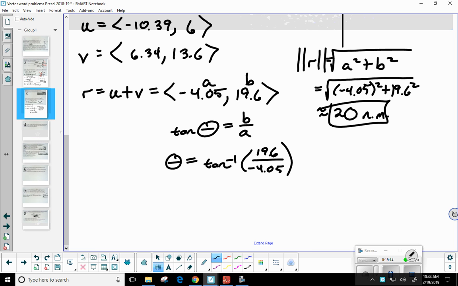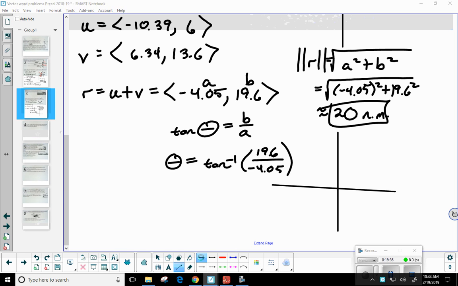Now, here's where it's going to get interesting, because you have to think about why you're getting the answer that we are here. When you take tangent inverse of a negative ratio, what quadrant is it actually putting you in? It's actually putting me in quadrant 4.